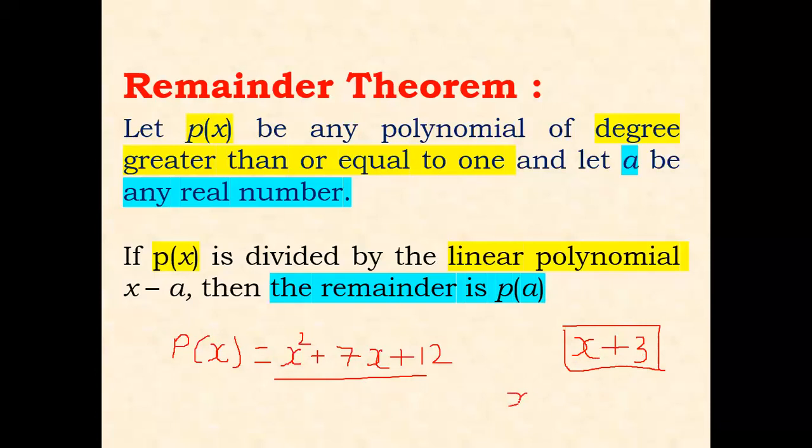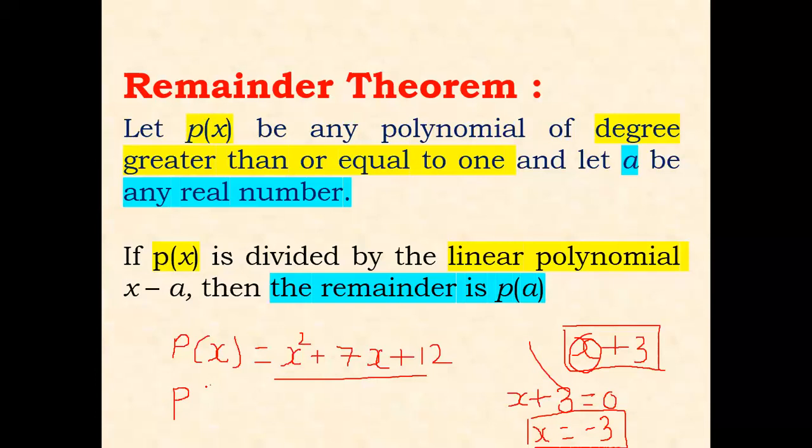We equate x plus 3 to 0, and the value of x which makes this linear polynomial, your divisor, 0 is x equal to minus 3. So x equal to minus 3 is the zero of the divisor x plus 3, and we have to put minus 3 in place of x.